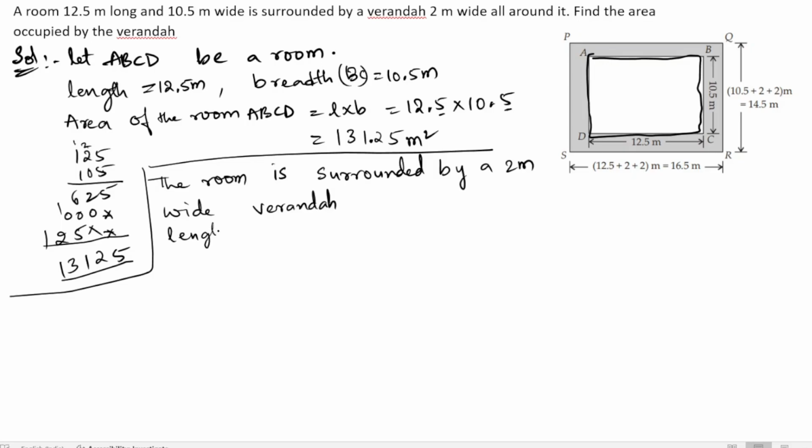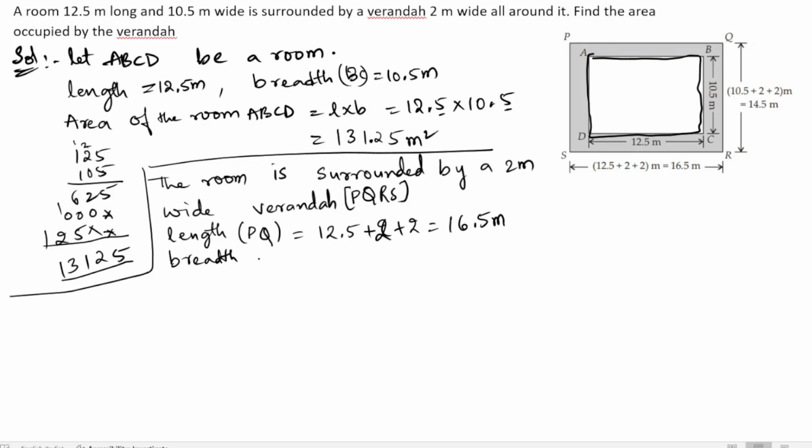If we see the length including the veranda, we take the veranda as PQRS. The length PQ of the rectangle PQRS will be 12.5 plus 2 meters on both sides, so 2 plus 2 is 4, 4 plus 12.5 is 16.5 meters.